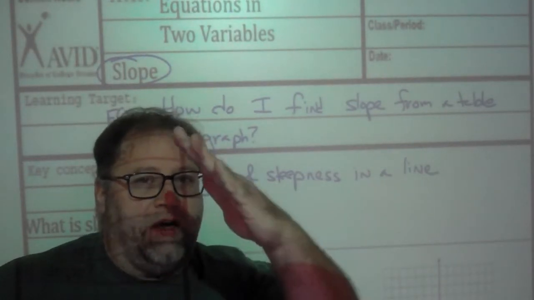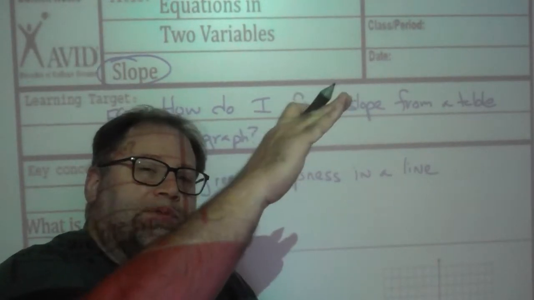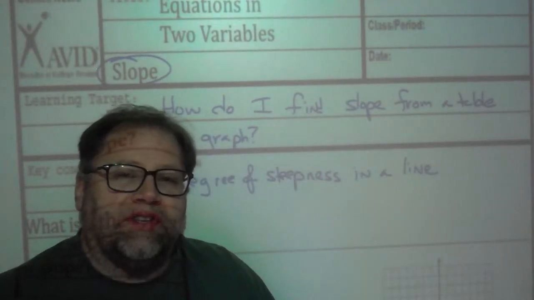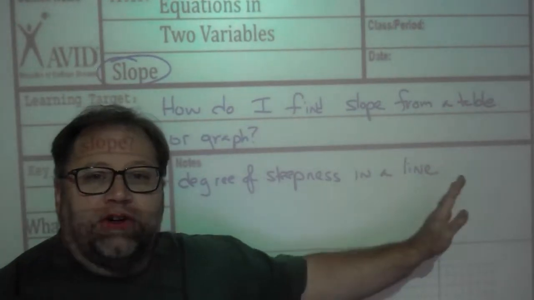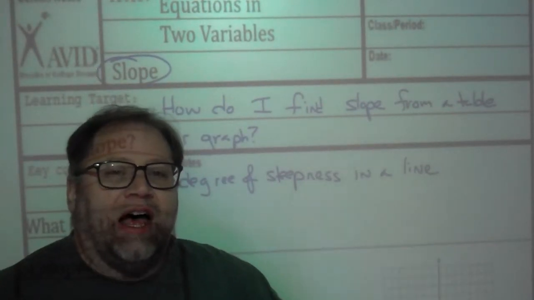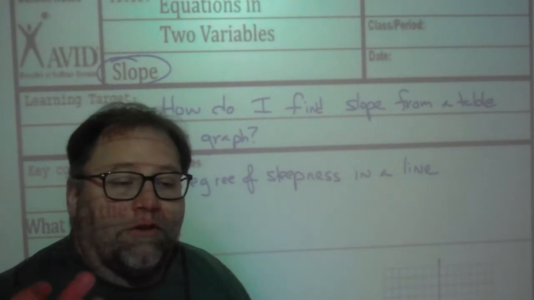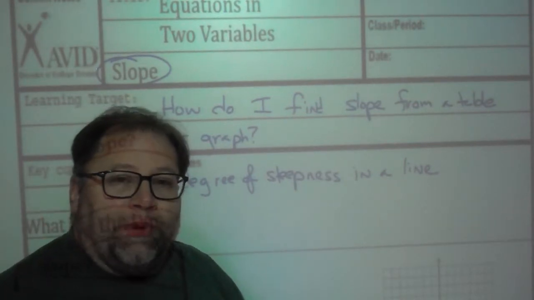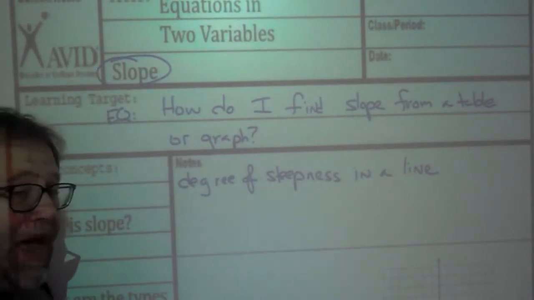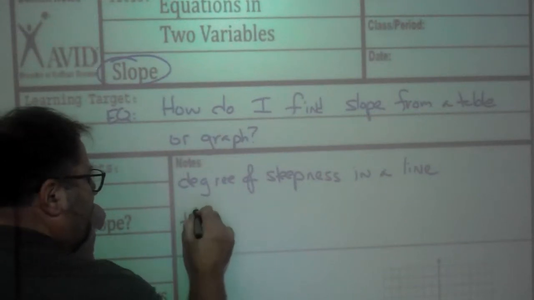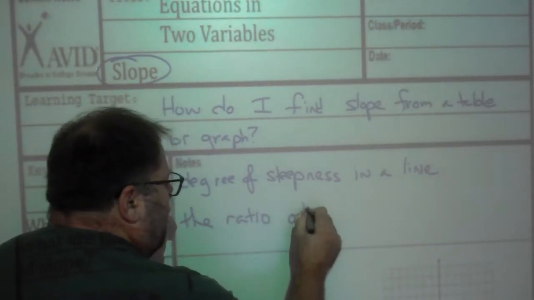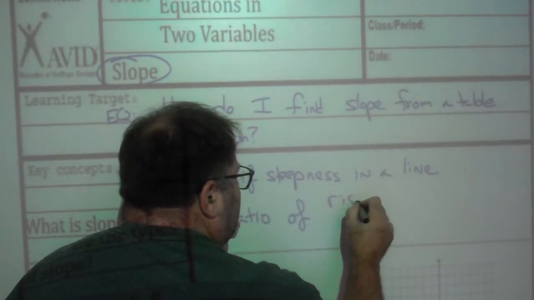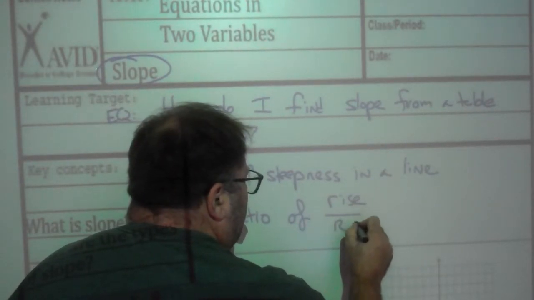Like if you're going down a ski slope or up some stairs, all of those things have a slope to them. And what we're doing is measuring that degree of steepness based on a line that we might create from an equation. So slope itself, calculating it with math, is the ratio of rise to run.